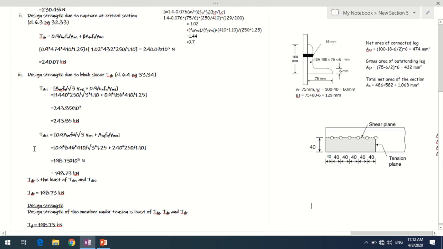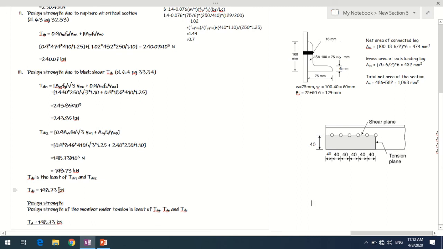And in the second case, wherein rupture is taking place along the shearing plane and yielding along the tension plane, if you substitute for Avn, Atg and the stresses over here, you'll find that the strength due to block shear is 198.73 kilonewtons. Out of these two, whichever is least will be considered as the strength under block shear. So in this case, I have 198.73 as my block shear strength. So Tdb will be 198.73.